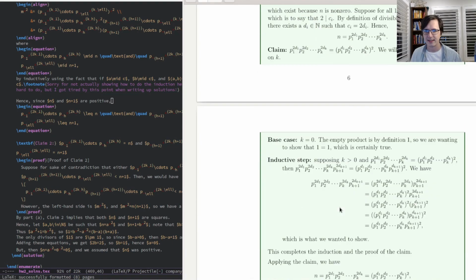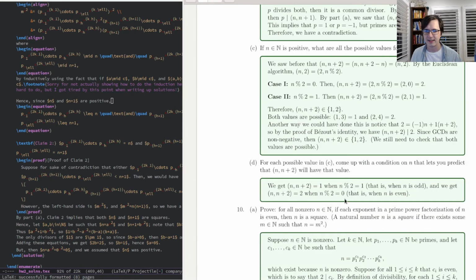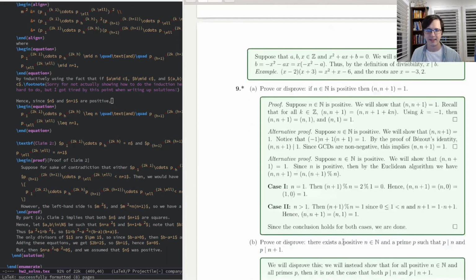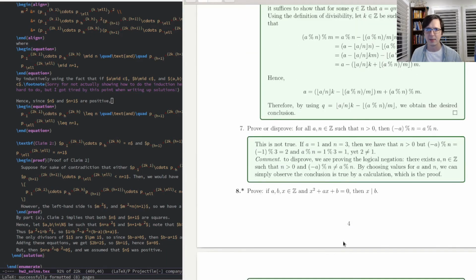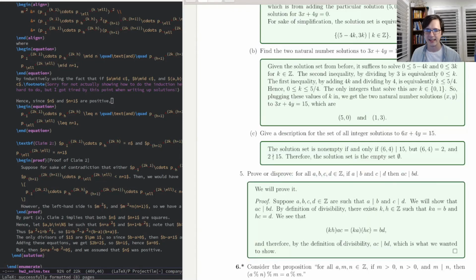So let's just skim through now that we've finished. Good number of problems here. We've written out a lot of detail today.